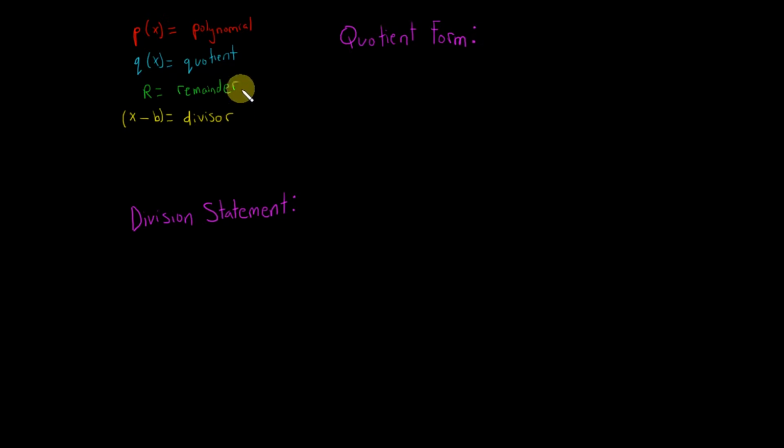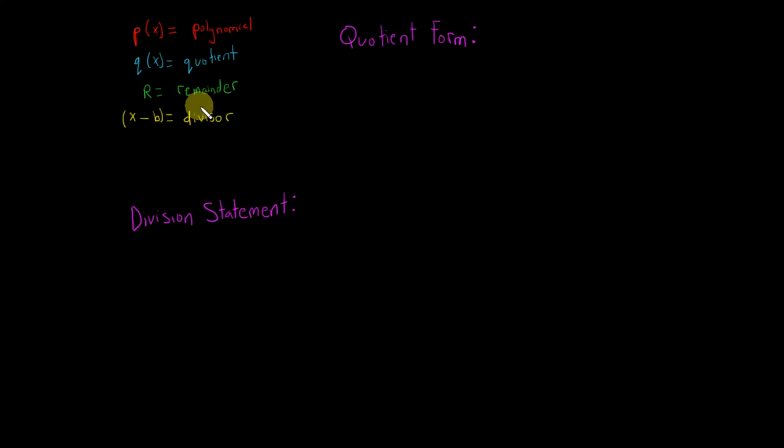So what does that mean? P of x, we know that a polynomial is just something like x cubed plus x squared plus x, something like that. The quotient is going to be the answer, because if you have 64 divided by 8, the quotient would be 8. And then the remainder, we classified in the last slide, is the number that you're left with.